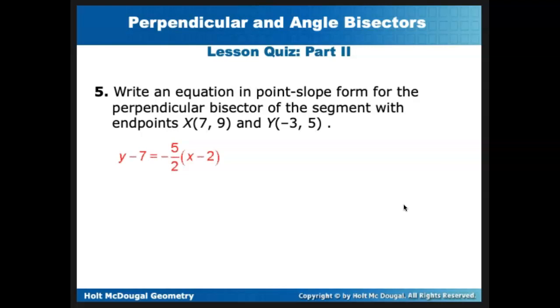And once again, you may have written y minus 5 equals negative 5 halves times x plus 3. That would also be correct.